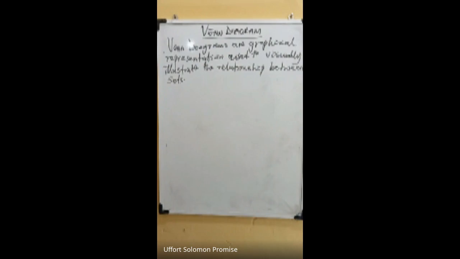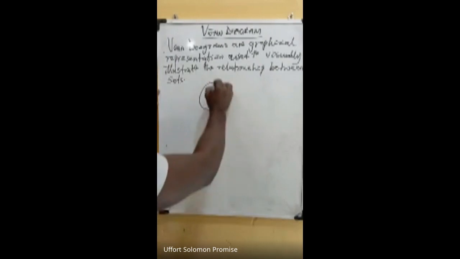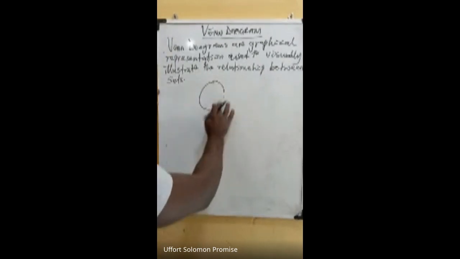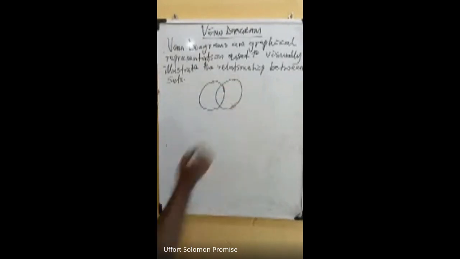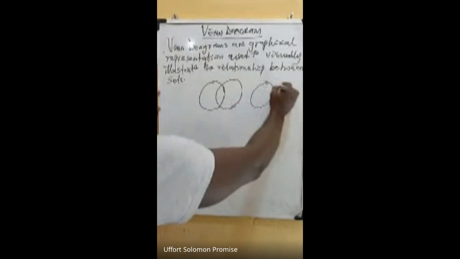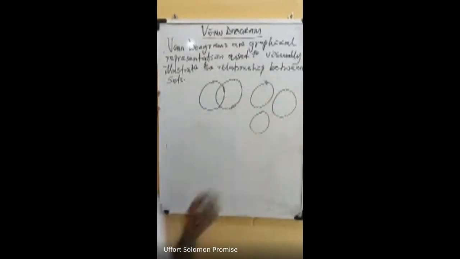So when you see the diagram, you should be able to interpret what you are seeing. That's why the word visual is there. Venn diagrams are usually represented with circles.